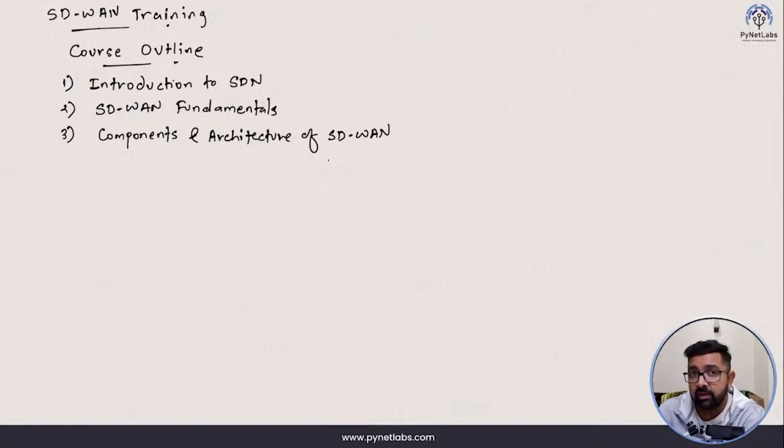For example, the vManager, vBond, vSmart, and vEdge. All of these components of SD-WAN are associated with one or the other planes. So how does those roles are incorporated in the SD-WAN solution? That's exactly what we're going to talk in this section.